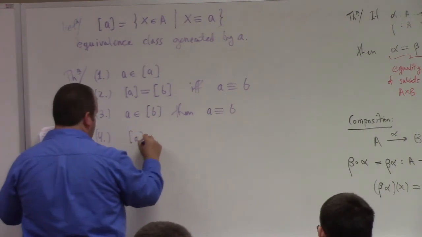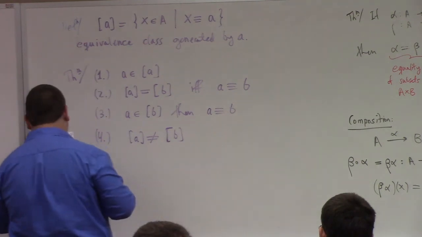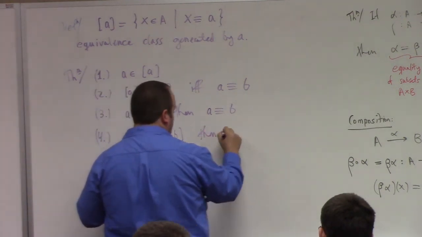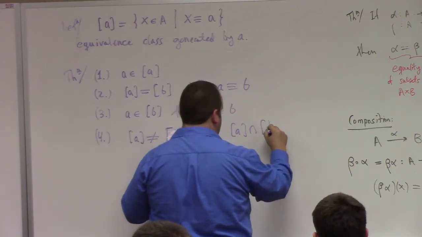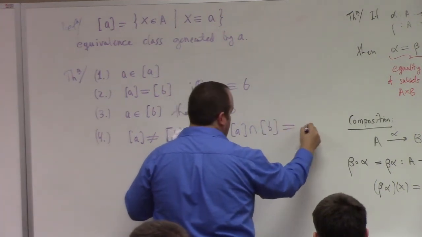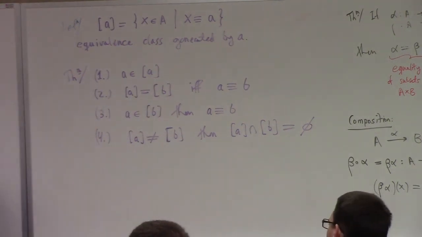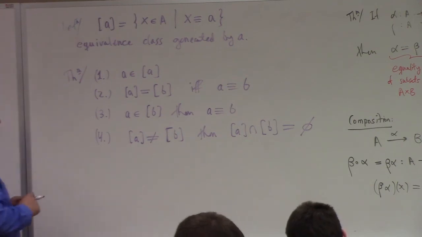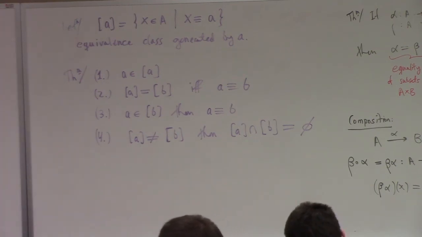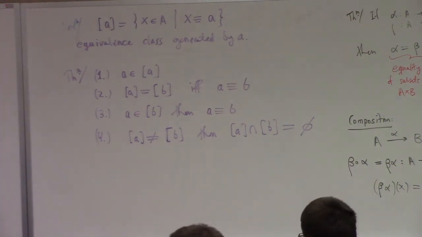If A is not equivalent to B, then the equivalence class of A intersection the equivalence class of B, as in set theoretic intersection, is equal to the empty set. Proof is on page 18. If I had better planning skills, we'd have time for it today, but I blathered on about uninteresting history, so forgive me.